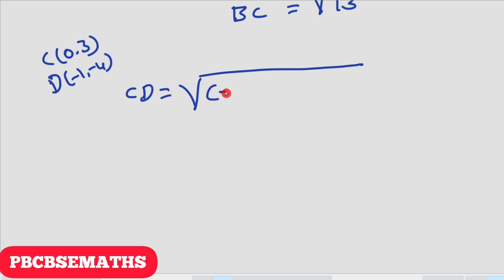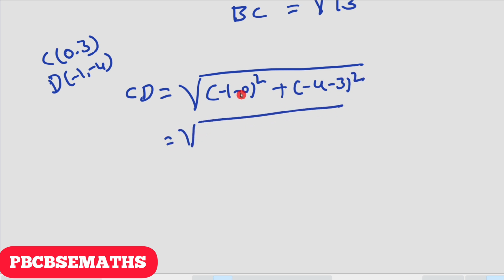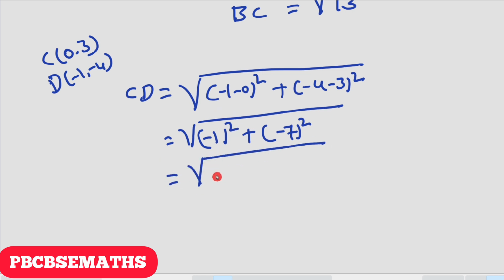Then we have minus 1 minus 0 whole square plus minus 4 minus 3 whole square, which is equal to square root of minus 1 minus 0, which is minus 1 whole square, plus minus 4 minus 3, which is minus 7 whole square, which gives us square root of the value of minus 1 whole square is 1 plus the value of minus 7 whole square is 49, which is equal to square root of 50.